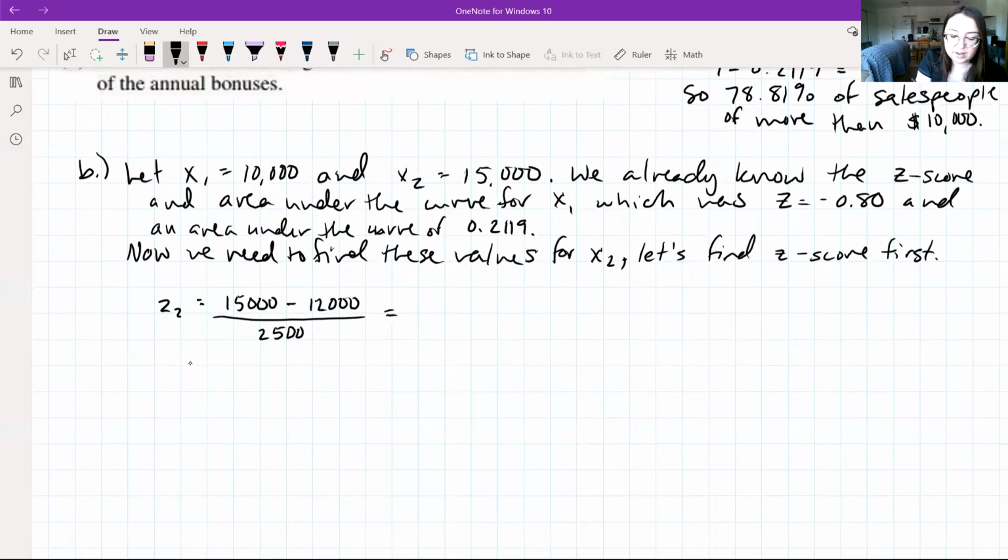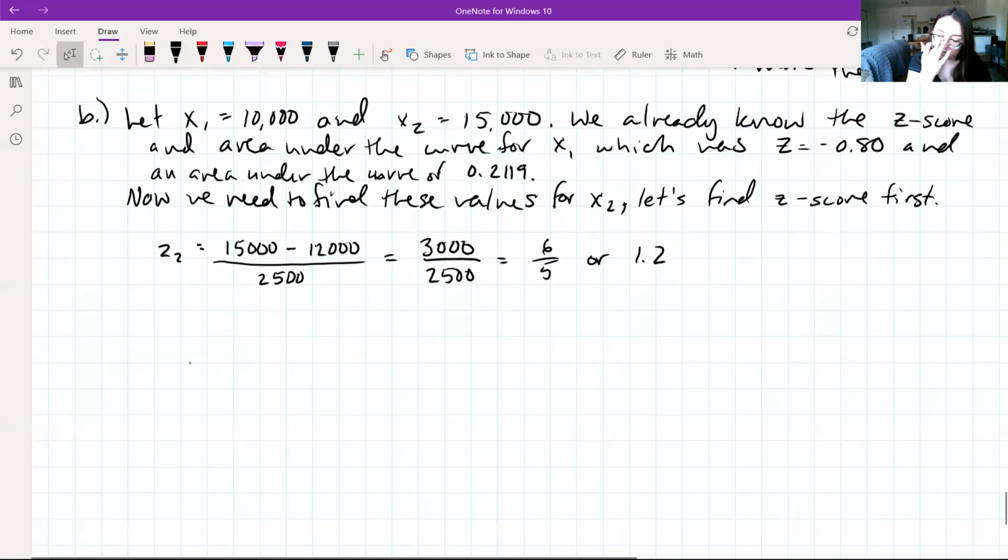Now that we find this value, we're going to get 3,000 divided by 2,500, which is just the same as 6 divided by 5, or 1.2. Then z2 is equal to 1.2.